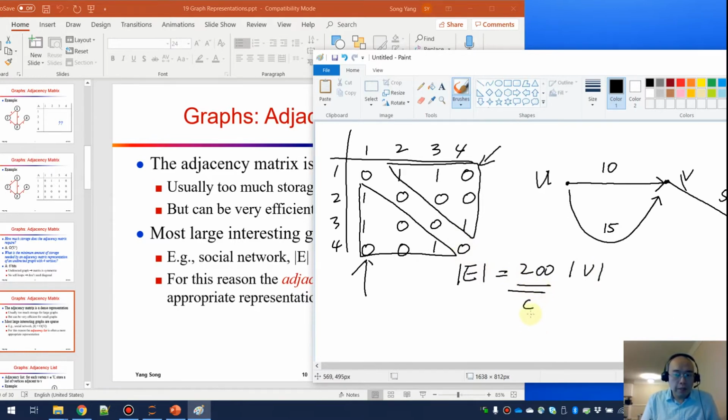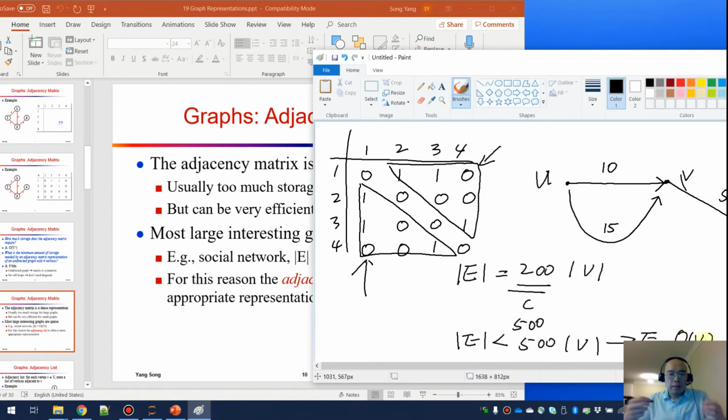If we pick a higher number, say 500, then we can say E is always smaller than 500 V in this case. So we can say E is O(V).